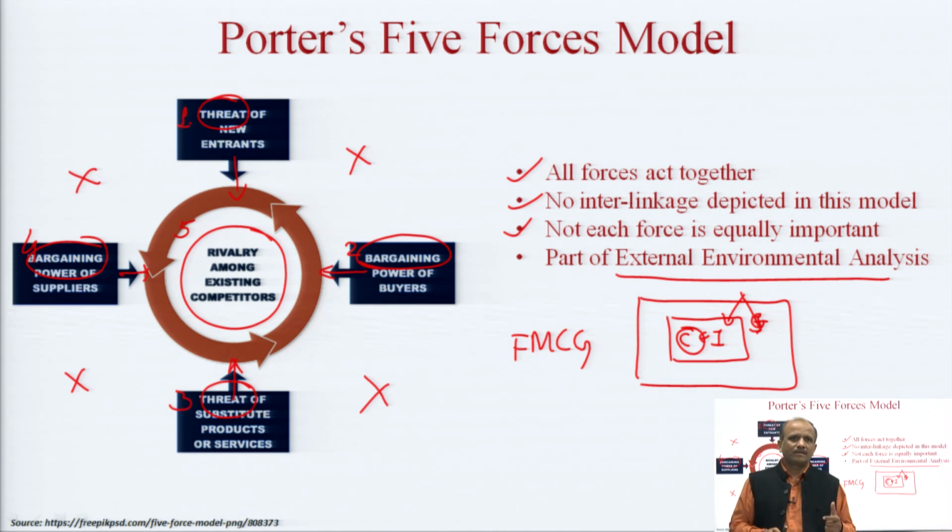So, one important aspect this model analyzes is the threat perception. The second thing it tries to analyze is the bargaining power, the negotiation power, who is controlling whom, which is very important. If I want to shrink this a little more, these two terms are very important if I want to analyze an industry: one is the threat perception, another is the analysis of negotiating power or bargaining power.